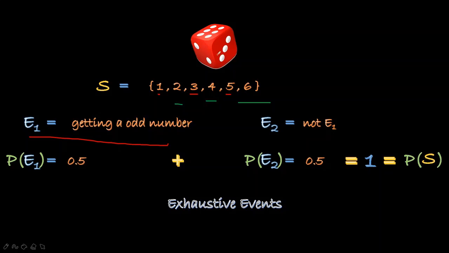So if you have a set K1, and you add with that whatever is not K1, you get the sample space itself, because it just means everything.